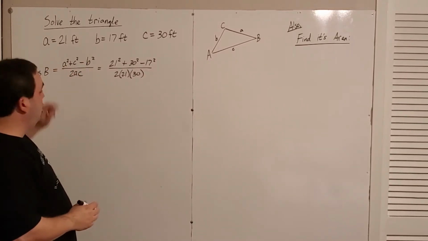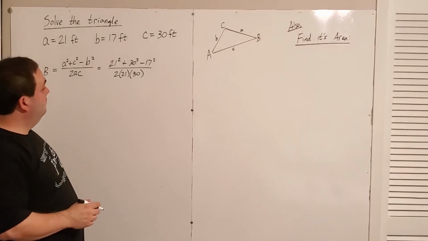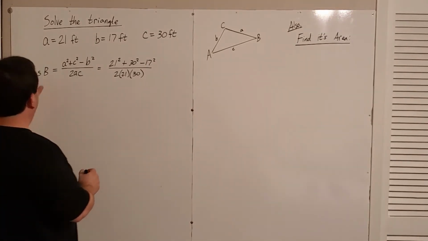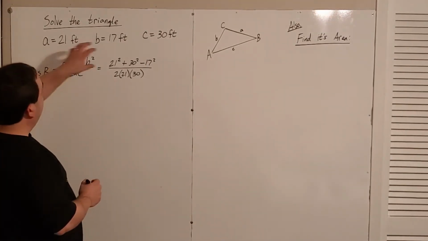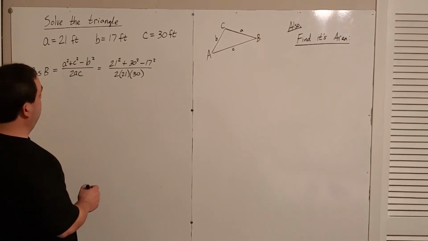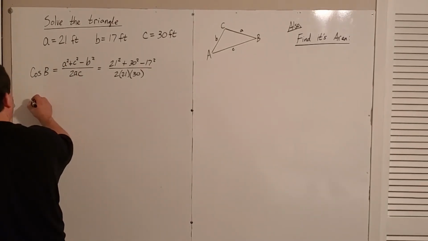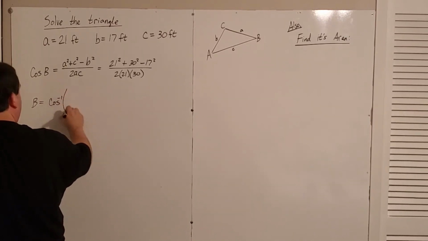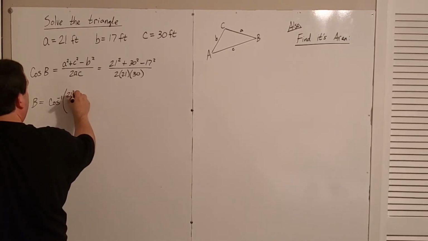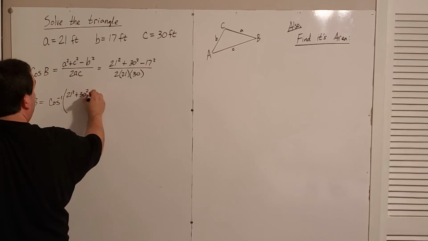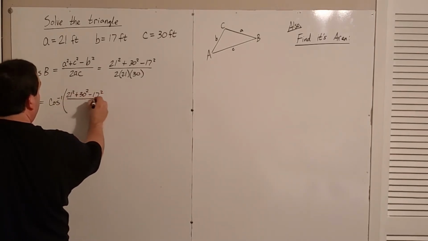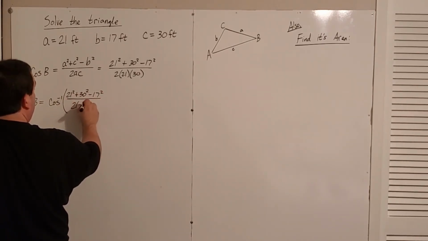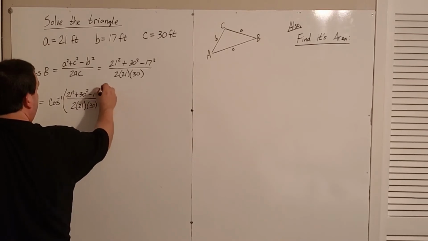And that's equal to the cosine of B, right? So to find angle B, I'm going to be doing an inverse cosine of that. Like so.